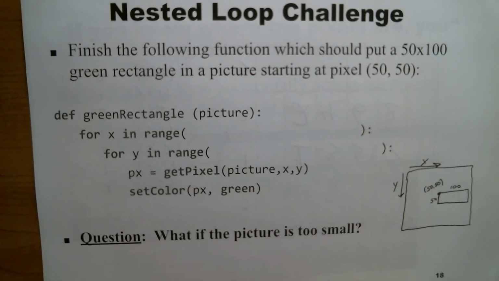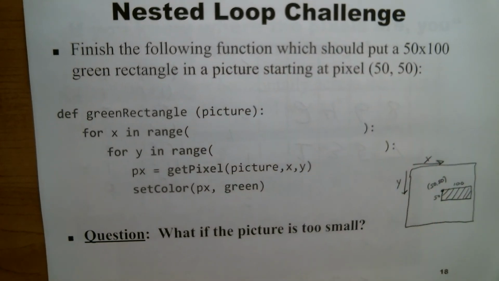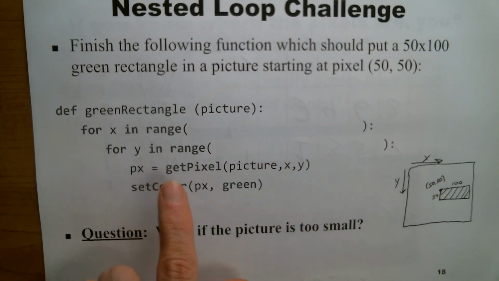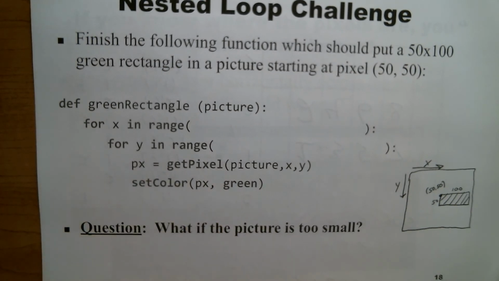Think about where that would go, and then think about what numbers you're going to have to fill in here to make this shaded green rectangle. All the code is doing is getting the pixel and setting the color to green. So whatever was there is just getting wiped away, and we're making a green rectangle. Think about it for a second, pause the video, and then come back and see if you were correct.